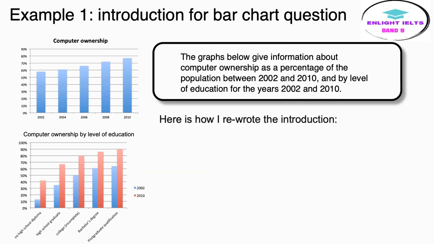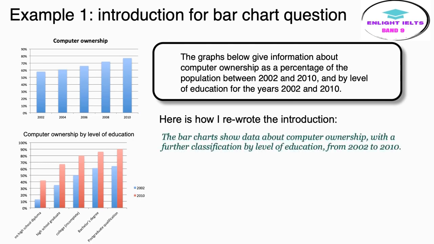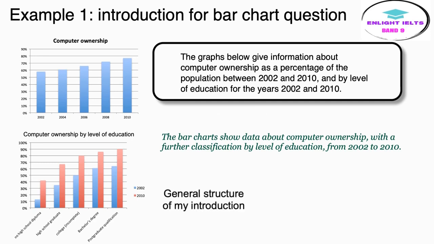So, here's how I rewrote the introduction. The bar charts show data about computer ownership with a further classification by level of education from 2002 to 2010. Take a look at the general structure of my introduction.